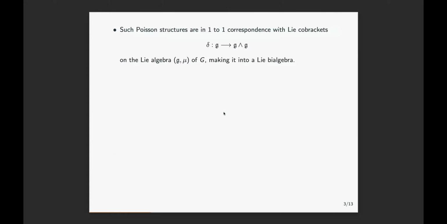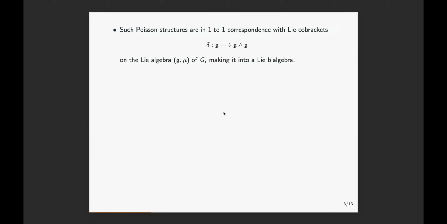So let's start. A basic result about these Poisson structures is that they're encoded by some structure on the Lie algebra. Basically, because they're multiplicative, we can put everything back to the origin. And they are in one-to-one correspondence with so-called Lie bialgebra structures on the Lie algebra of G. So this means that you get a Lie co-bracket, which satisfies some axioms, dual of those of the Lie algebra, plus some compatibility condition.